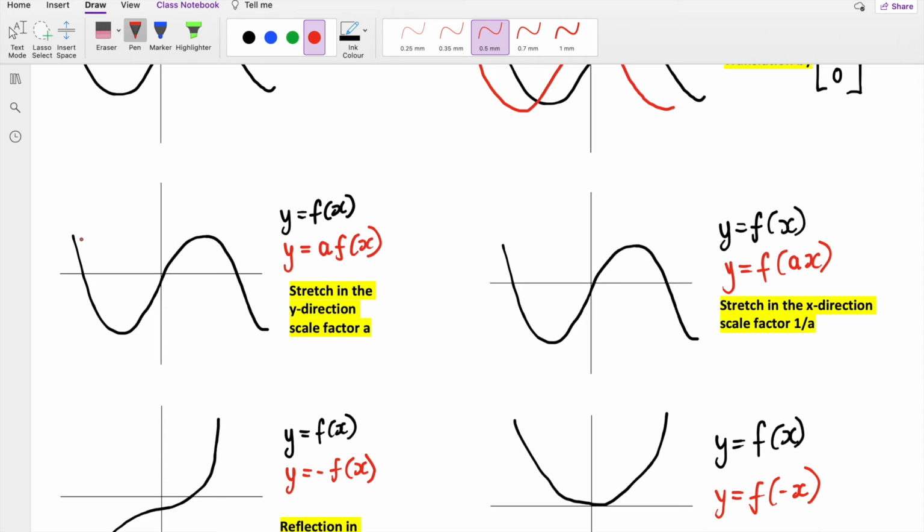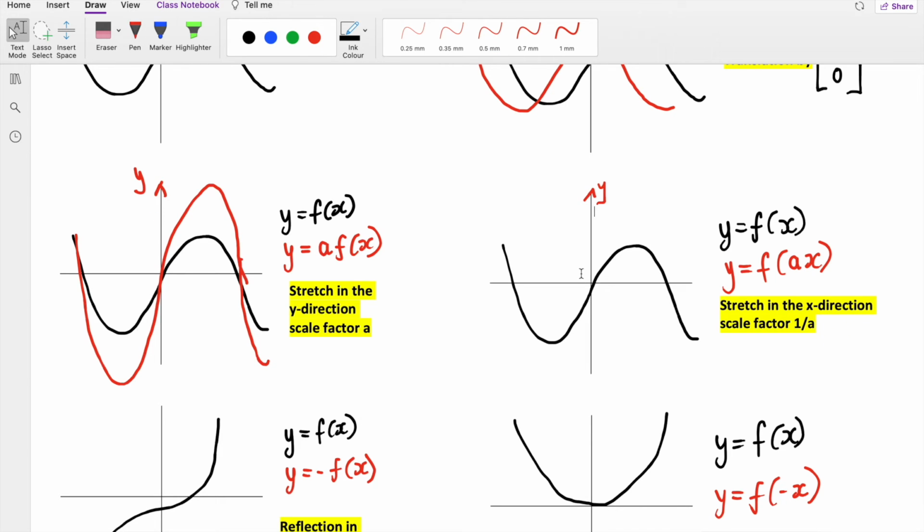So just imagine your y values are being stretched like this. Your y values are being multiplied by the value of a. That's a stretch in the y direction.